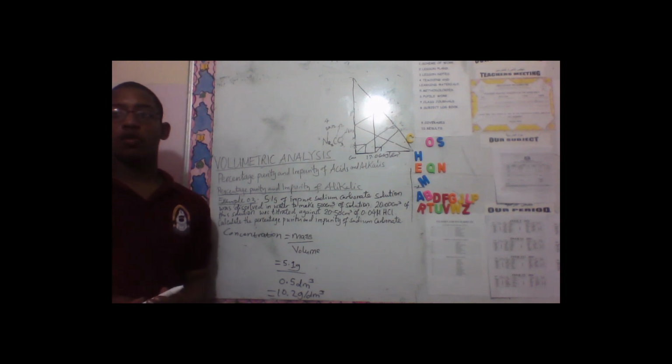Now we are going to find the percentage of pure substance and the percentage of impurity, because our question says that we must calculate the percentage of impurity and the percentage of purity.